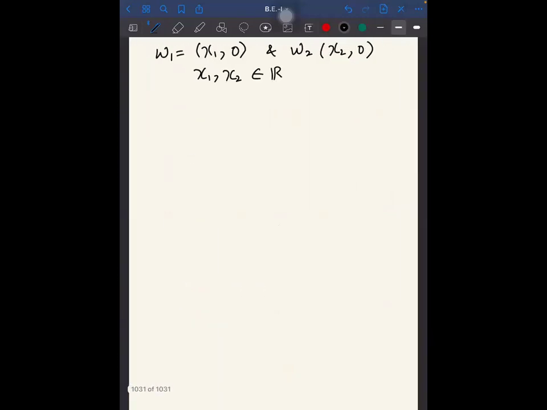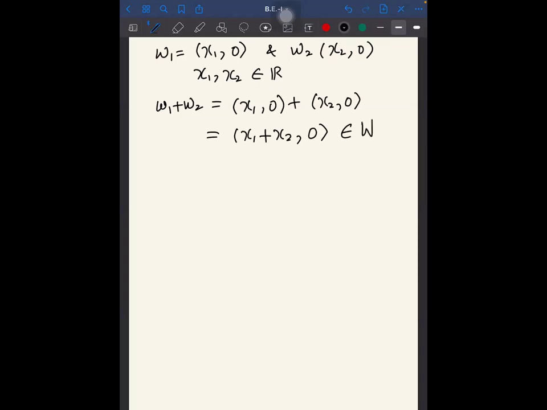Now if you add W1 and W2, that means X1, 0 plus X2, 0. So how will you get the addition? X1 plus X2, 0. So is it closed under addition or not? Is the result belonging to W or not? Yes, sir. Why? Because X1 and X2 are real, so the addition is also real and the second component is also 0.